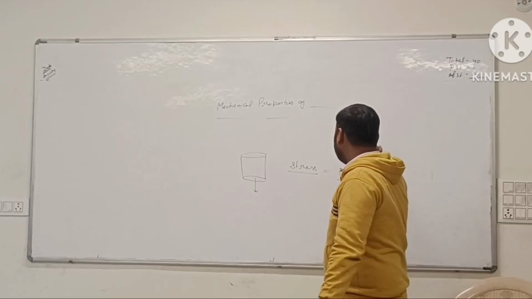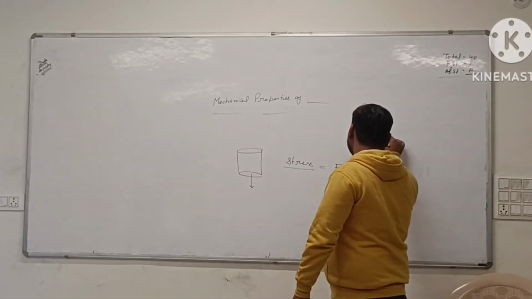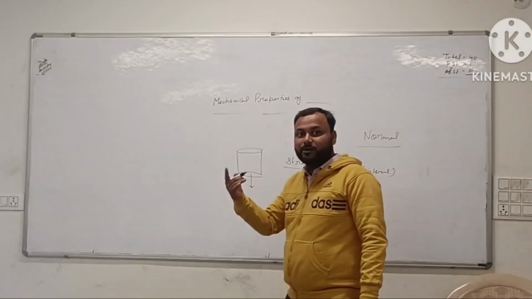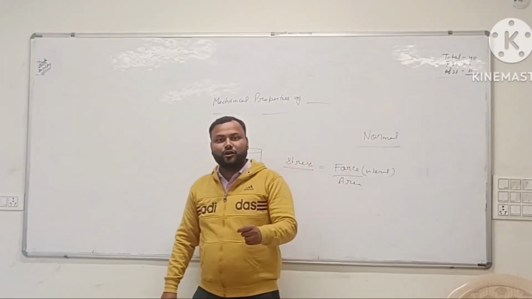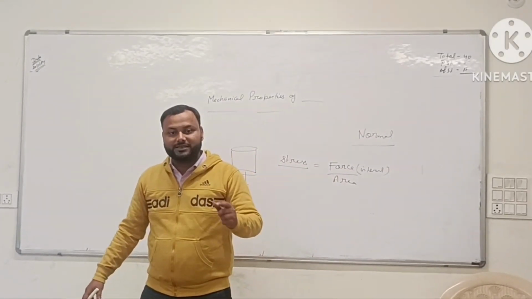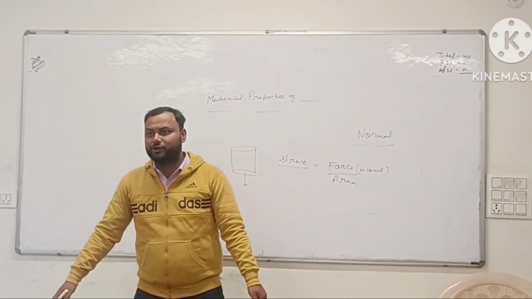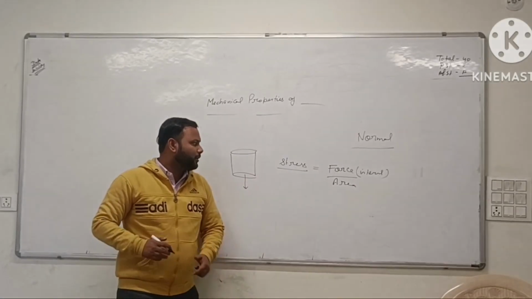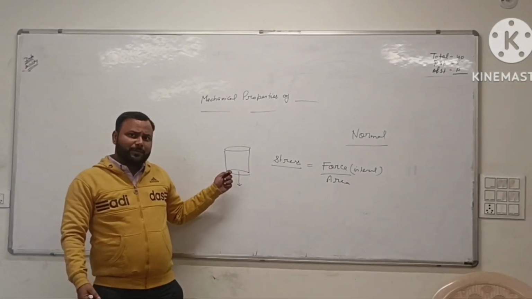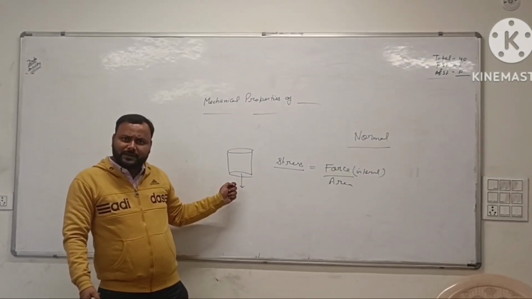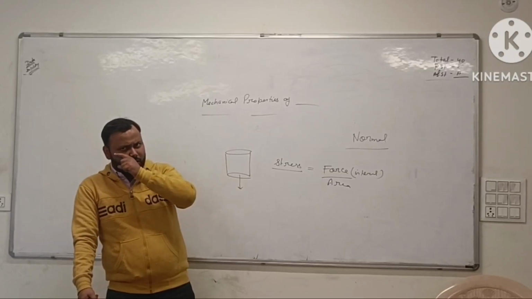What type? Normal stress. When you apply force normally, the stress will be normal. You can say normal stress, or you can say longitudinal stress. Why we say longitudinal stress, we will discuss later on. But when you are applying force normally to the surface, this stress is called normal stress.